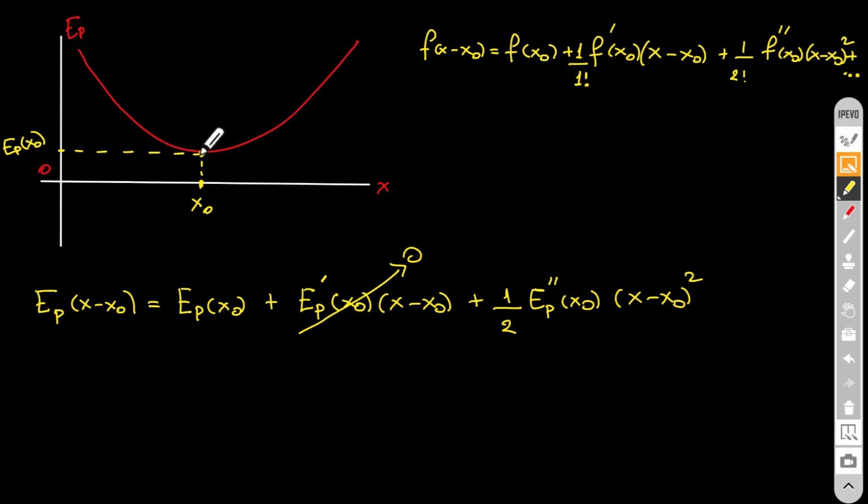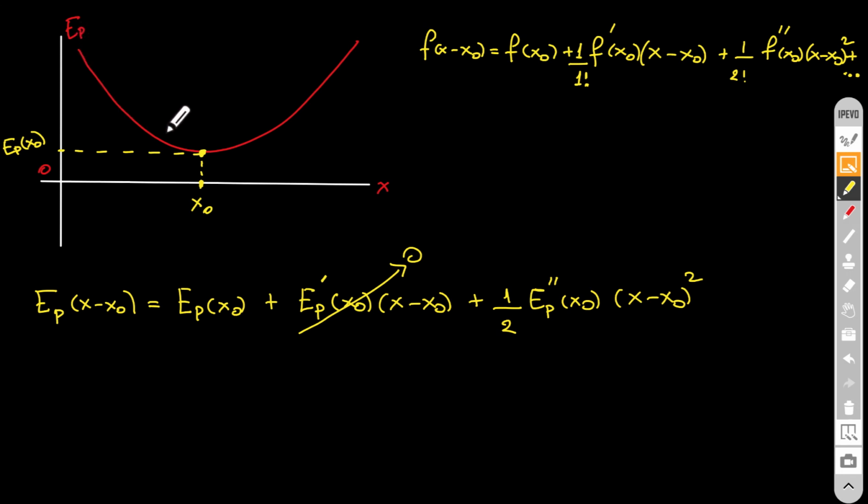So if I go a little bit before x naught, I can see that the tangent line would be here, and I would have a negative slope. Then if I go a little bit after x naught, the tangent line would be like this, with a positive slope. So how does the slope change? It goes from a negative number to a positive number, so the change in the slope is a positive number.